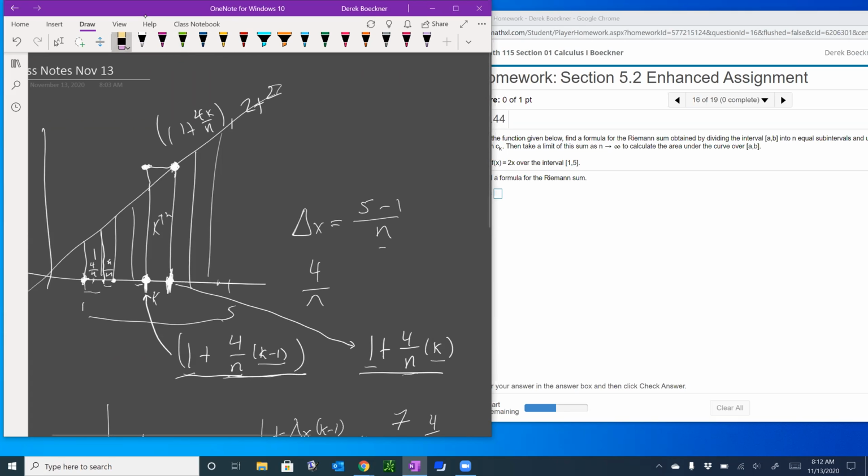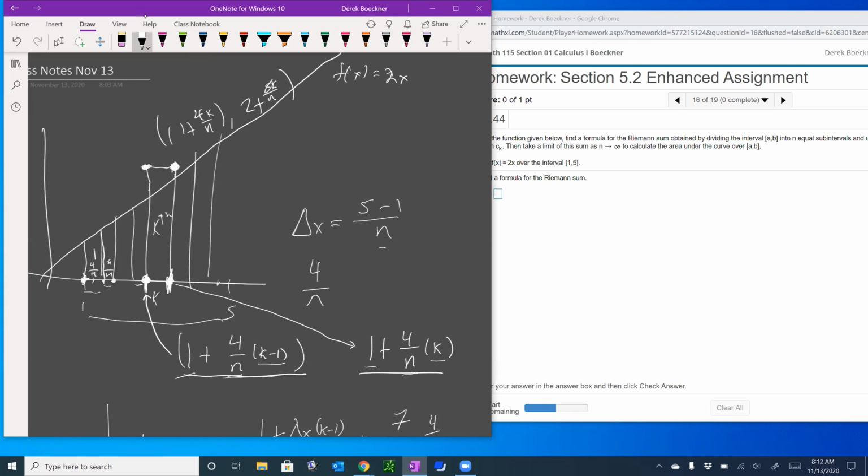And this one's going to be, oops, got rid of my line. 2 plus 8k over n will be the second coordinate, because my function is f of x equals 2x.